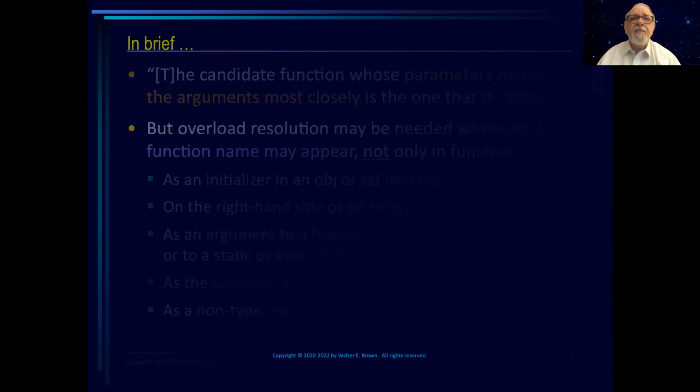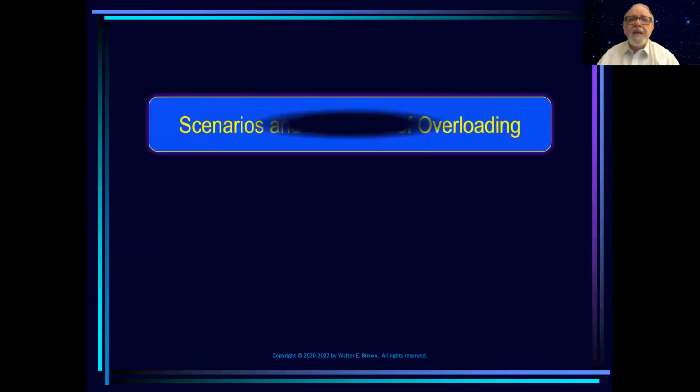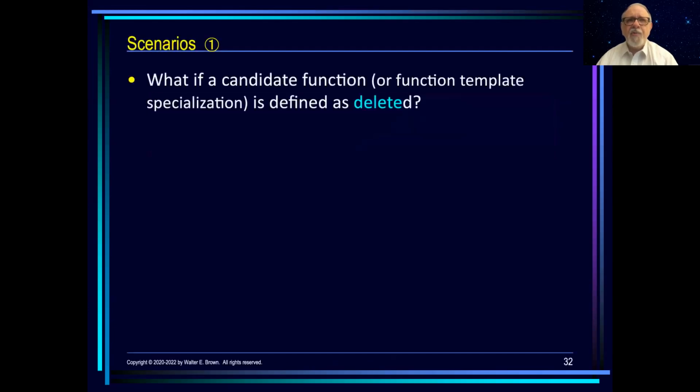Okay, moving on. I'd like now to show you a number of scenarios involving overloading, some of which have some fairly subtle features involved. But I'll phrase a number of them in the form of questions, and then we'll go right and look at the answers. So, scenario one.